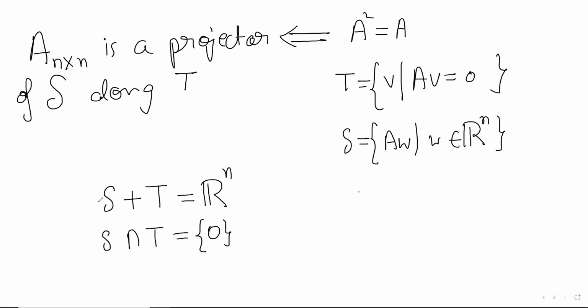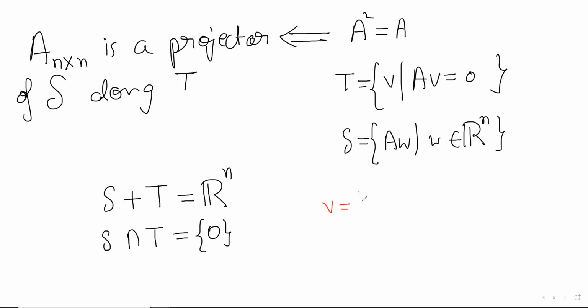Because, first you can just check that S intersection T is 0. You would know that from the intuition that it's projecting vectors on something, but you have to check it from the definition also, and it's easy to check, right? So just take a V such that AV is 0.